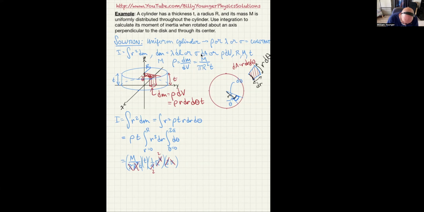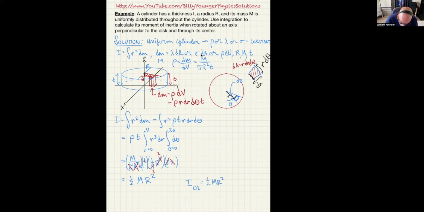And of course, we can also cross out the t with the t, and ultimately our result is just, or excuse me, it's just 1/2, because the 1/2 is left out in front, m times r squared. So the moment of inertia for a cylinder rotated about its center of mass is 1/2 mr squared, and that time we did it with a double integral.